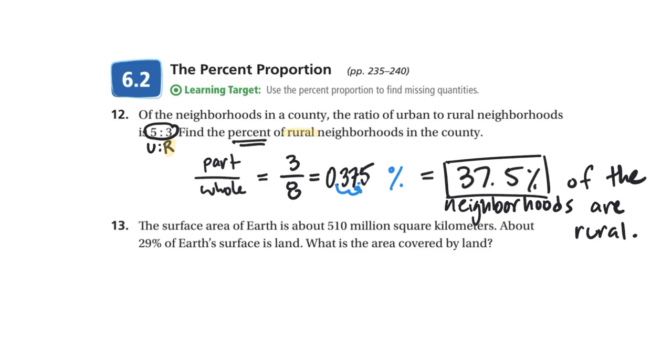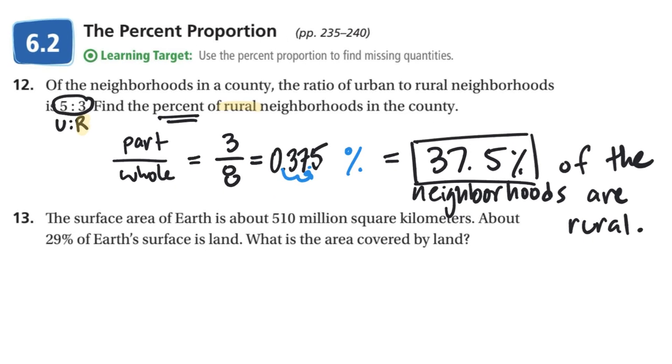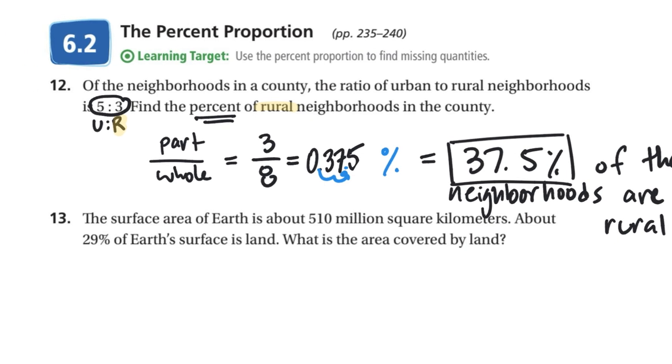So I took the ratio and made it into a part to whole ratio. That is the key: together, 5 plus 3 is 8, so the total was 8.